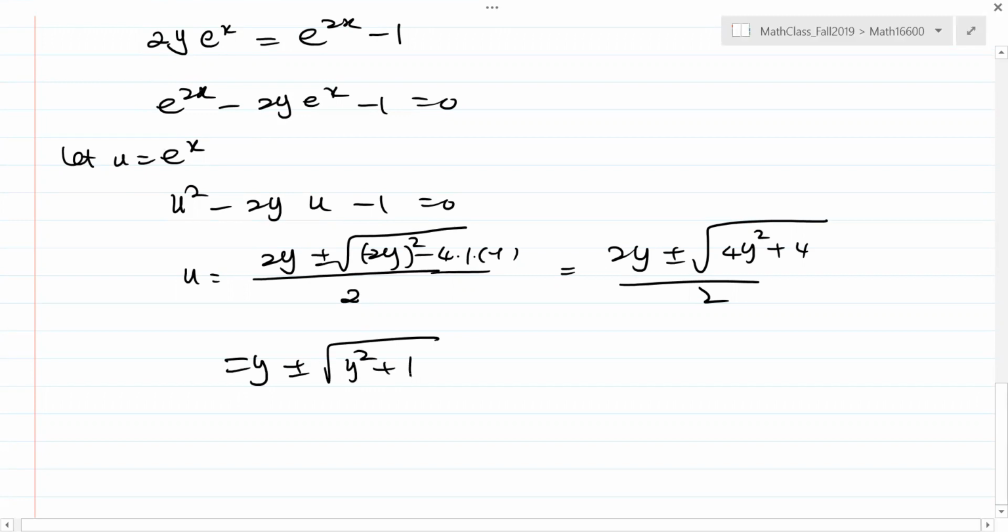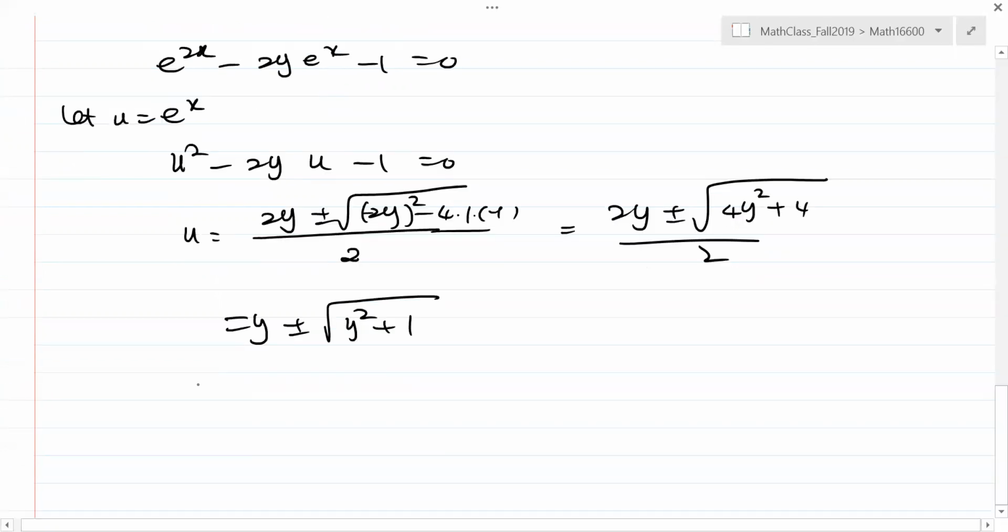Now, I know u is positive, so I cannot choose the negative sign, because y minus the square root of y squared plus 1 would be negative. Since u equals e to the x is positive, that's only one solution.